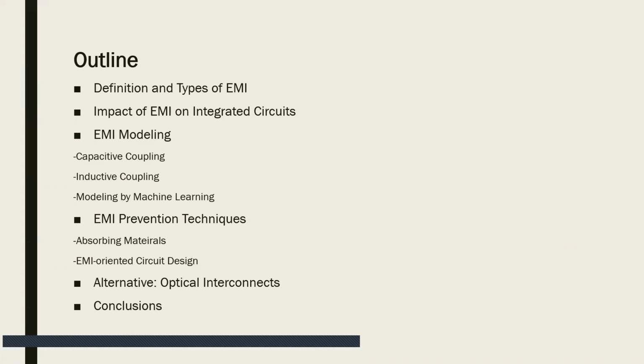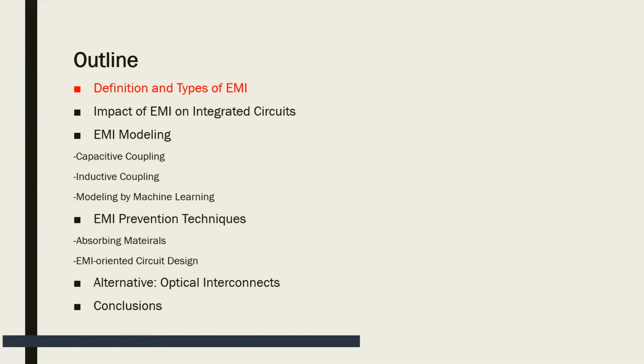Finally, I will talk about the optical interconnect that can be used as an alternative to the traditional integrated circuits that completely eliminates the EMI noise. Finally, I will offer a conclusion.